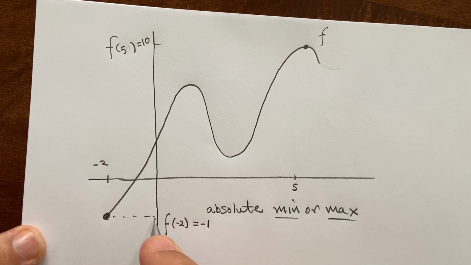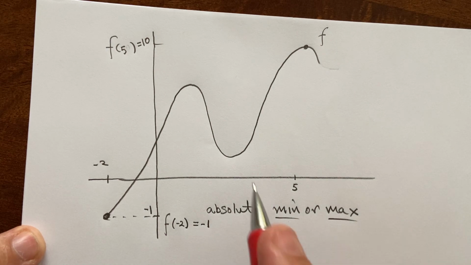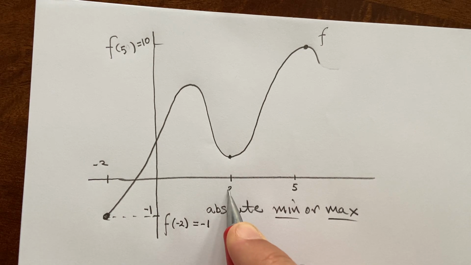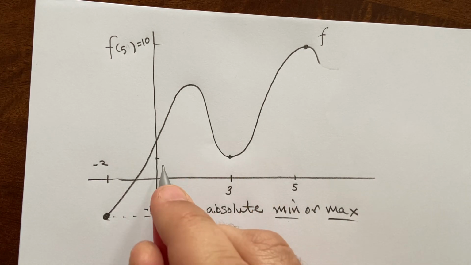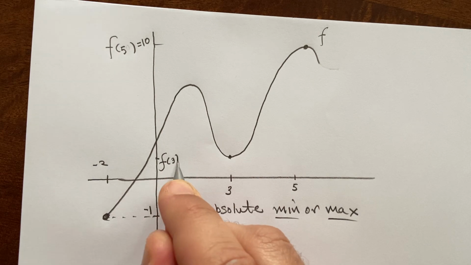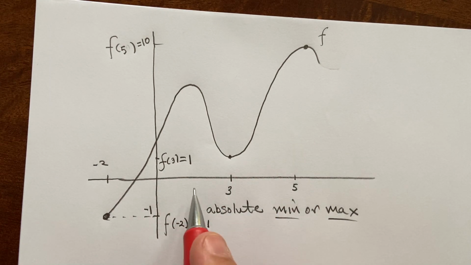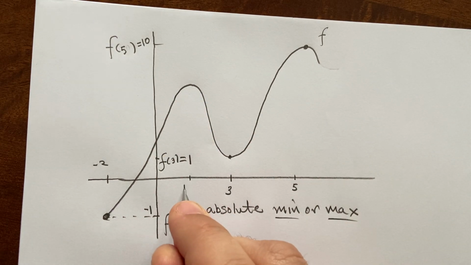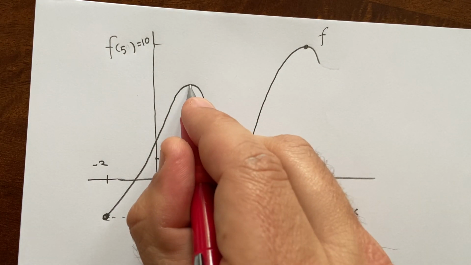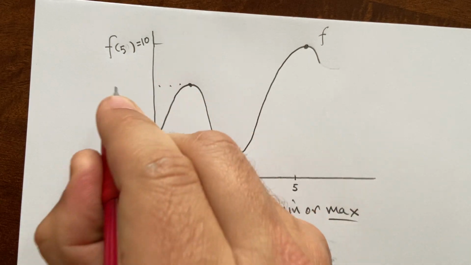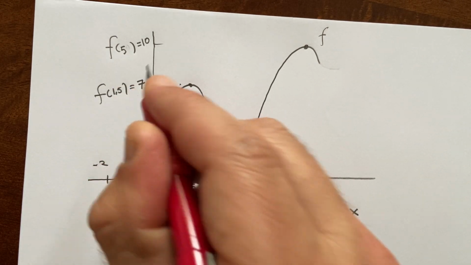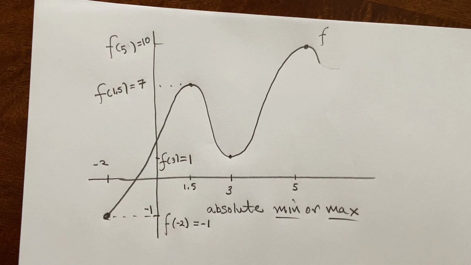This is -1. Let's also imagine that this is happening right here at 3, and it corresponds to f of 3 equals 1. And then I'll imagine that this is 1.5, and that this value corresponds to f of 1.5 equals 7. So let's just put some numbers to this.